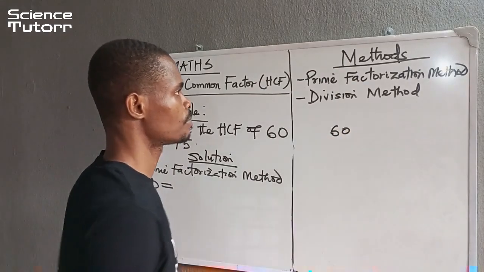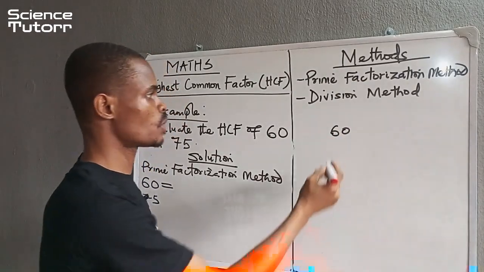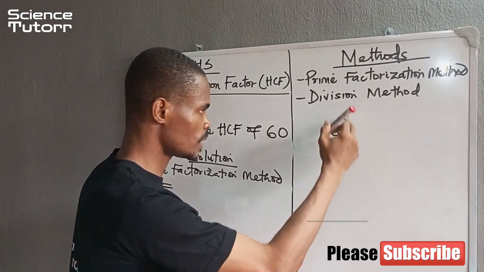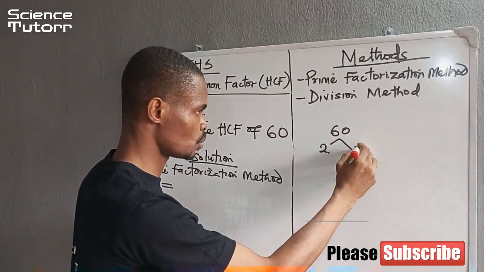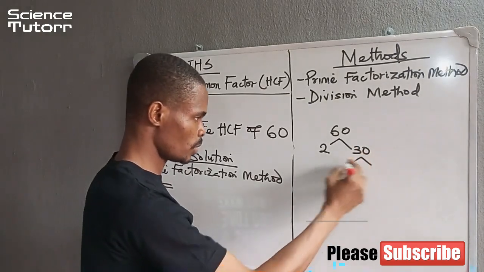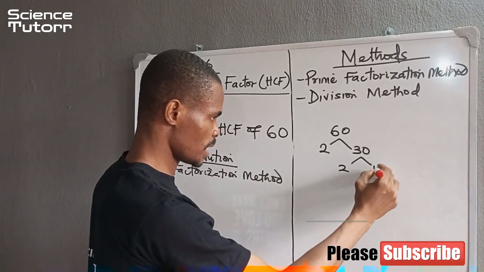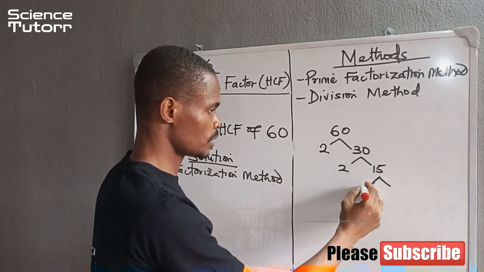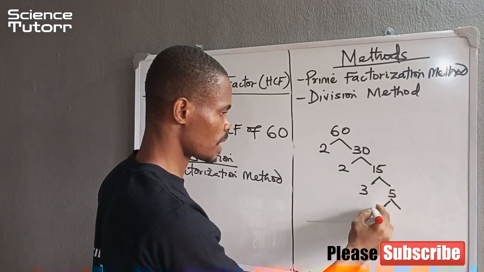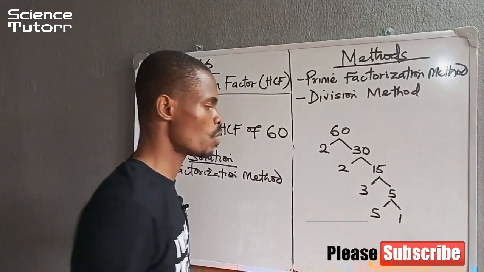For 60, using the prime factorization method, let's divide by 2 since 60 is an even number. So we have 2 into 60, which makes 30. 2 can go into 30, which makes 15. 3 can go into 15, which makes 5. And then 5 can go into 5, which makes 1.